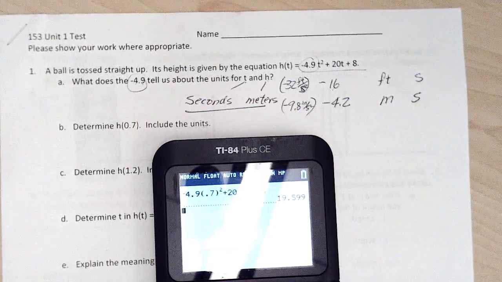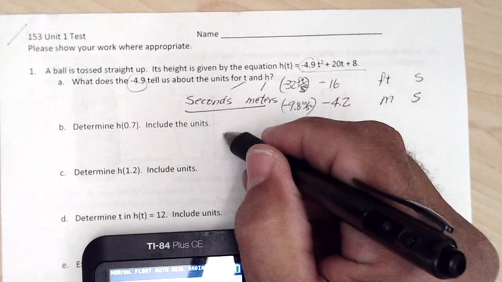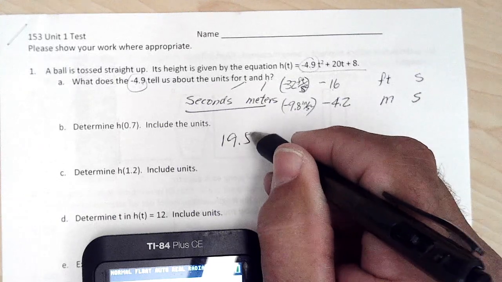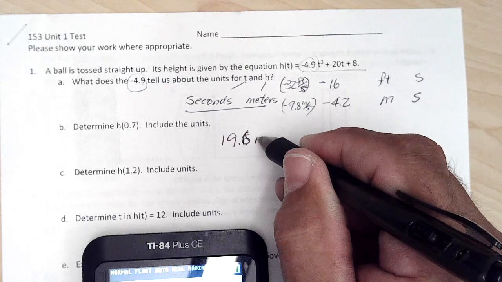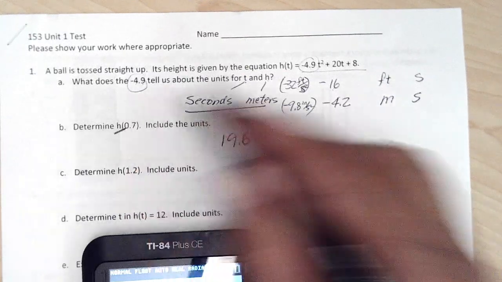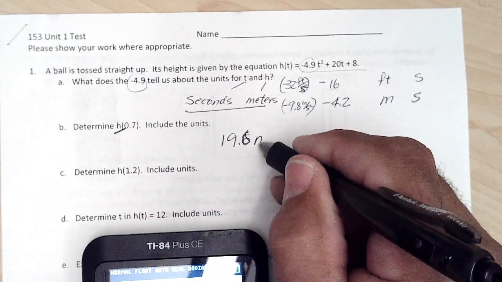And I get 19.599. That's 19.6 rounded off, and that height would be meters.